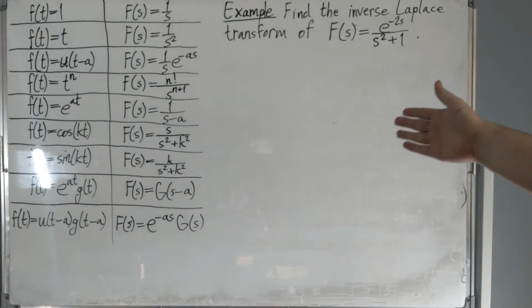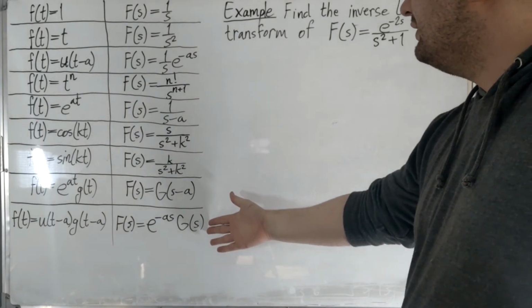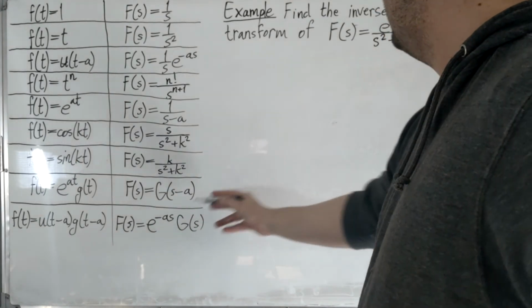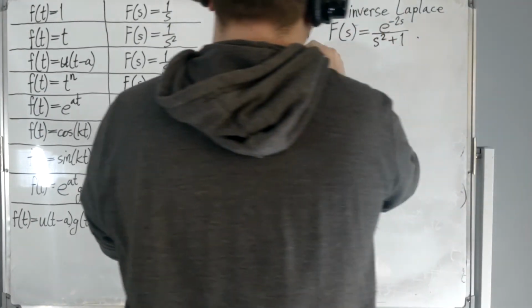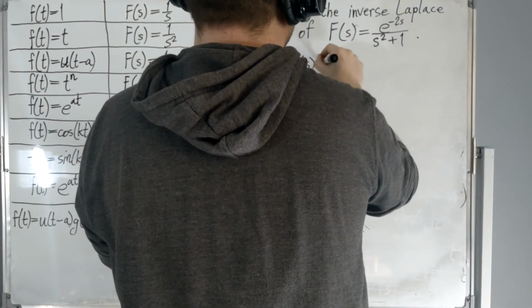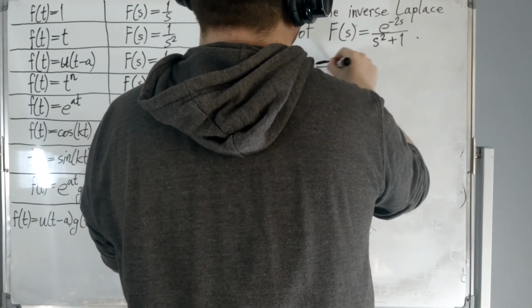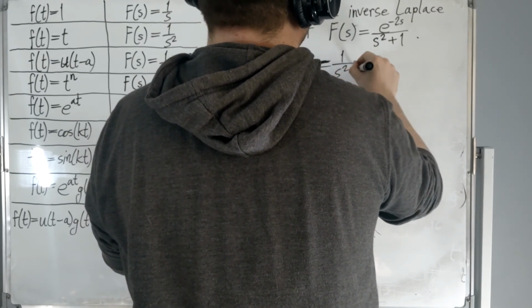So what we have to do here is understand that we have e to the negative 2s times G of s, where G of s is 1 over s squared plus 1.